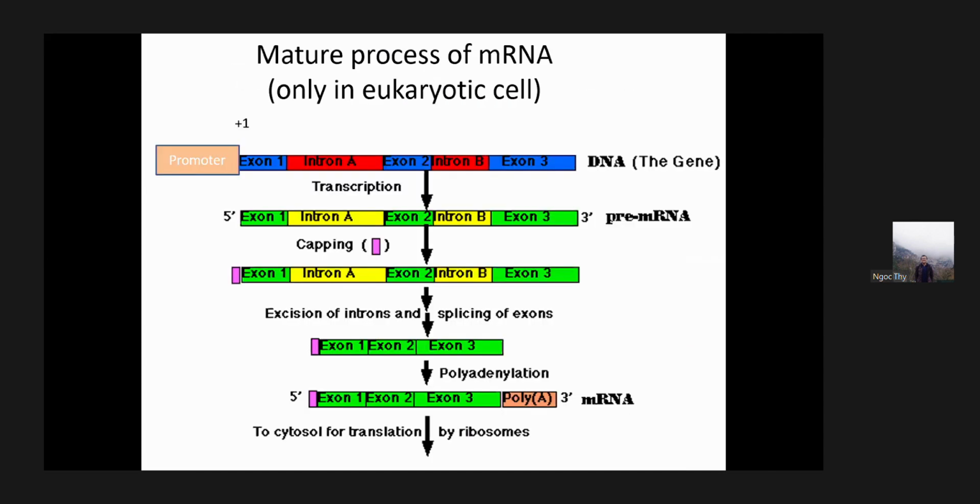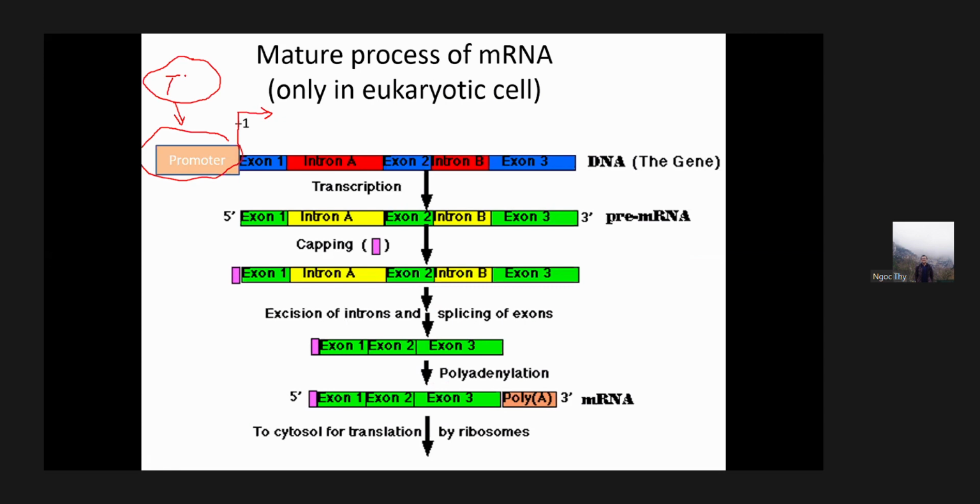So coming to the eukaryotic cell, it is a little bit different. It is the same vision as the prokaryotic cell, including the promoter and the transcription factor binding in here.